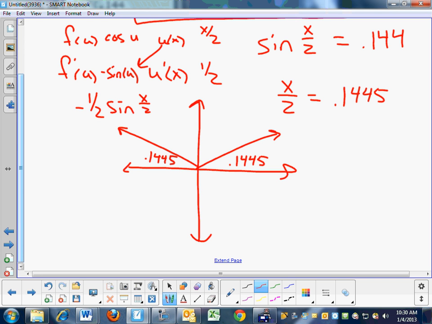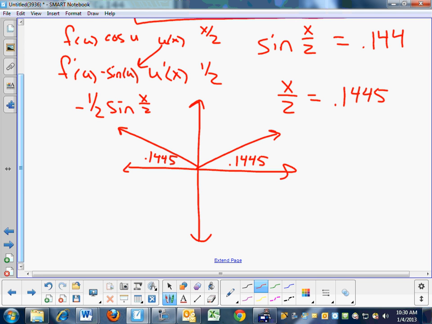This is trig. We have to find out where sine is equal to 0.144. And it's equal to 0.144 at 2 spots, wherever the reference angle is equal to 0.144.